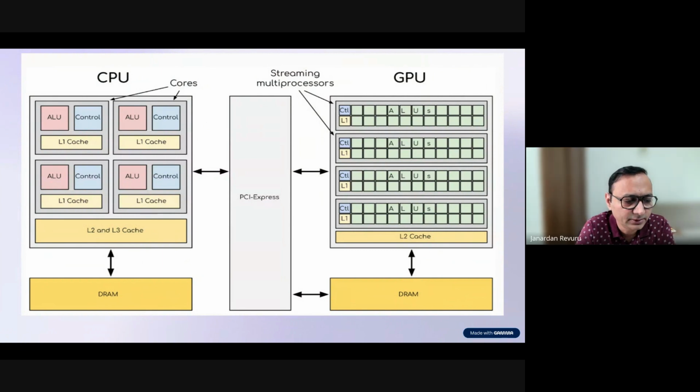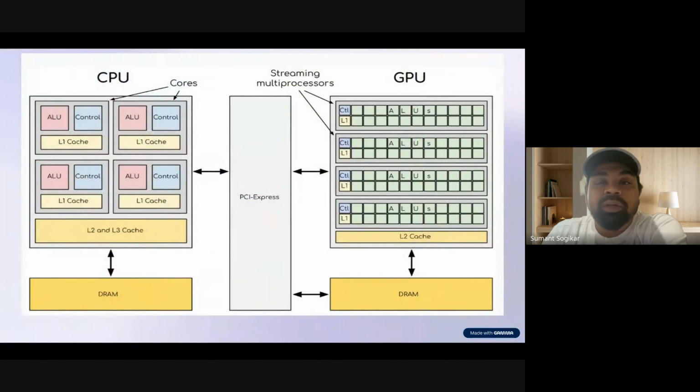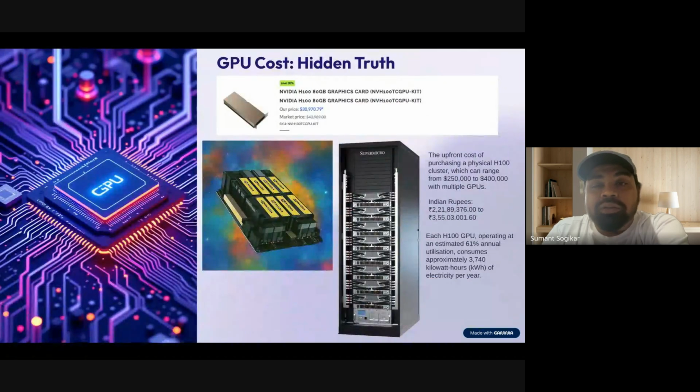Let's continue. Now we come to GPU cost, and this is one of the most important things which people always forget. Like I said, GPUs and CPUs are not the same, even when it comes to cost. I put this slide just to make everyone aware of the actual cost of GPUs.